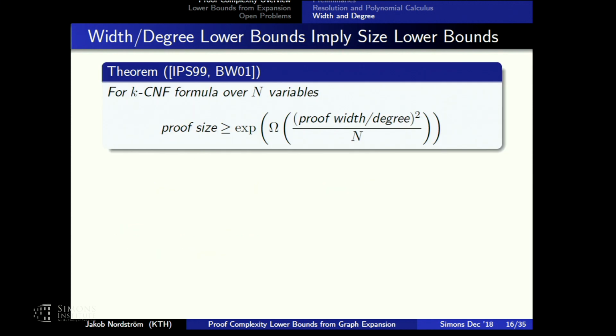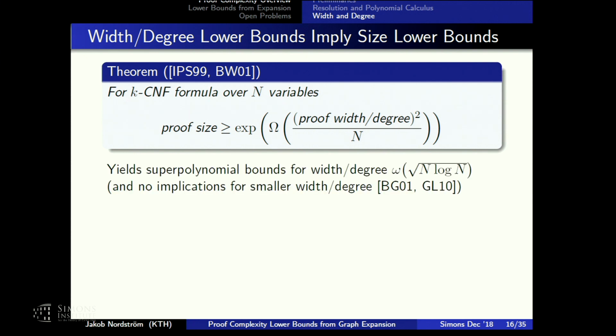So here's the formal statement, by Russell, Impagliazzo, Pudlák, and Sgall for polynomial calculus, and from Ben-Sasson and Wigderson for resolution. If I have a width or degree lower bound W, then the size is exponential in W squared divided by the number of variables.